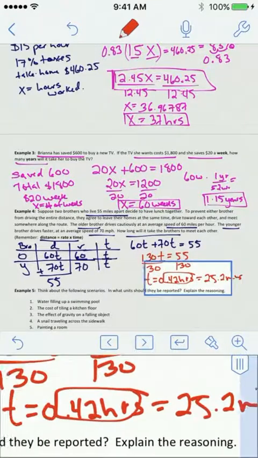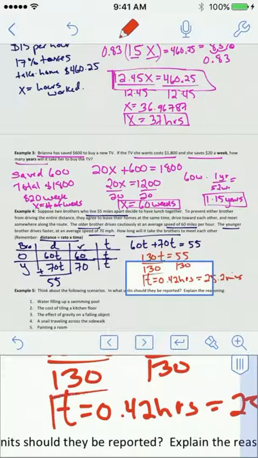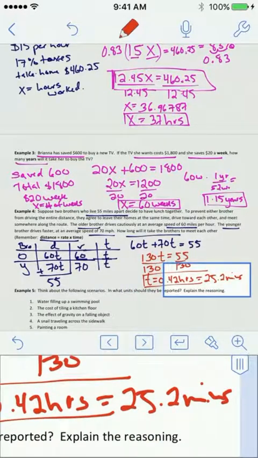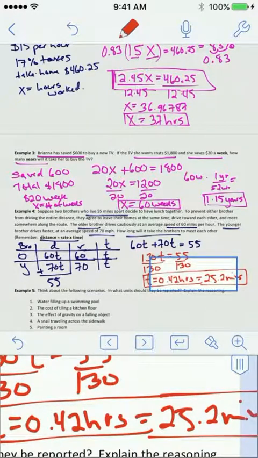We'll just go with the hours though. And we also translated back by writing those units down. So each brother travels almost half an hour to get to the other one.